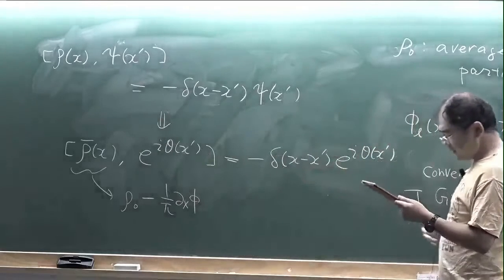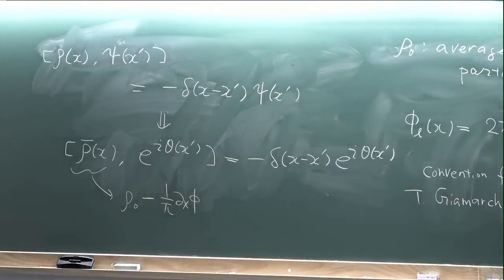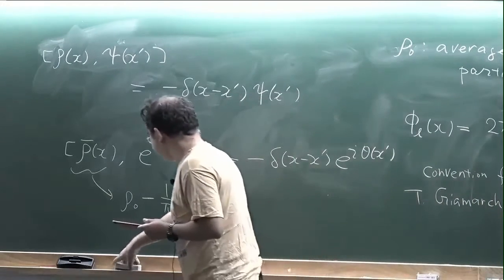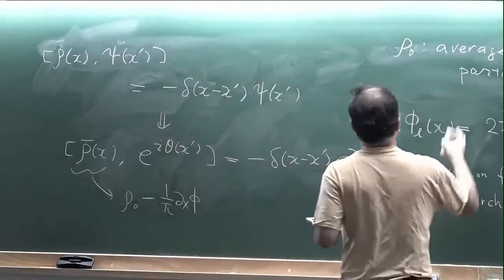So this expression means that the exponential of theta and the derivative of phi obey this kind of commutation relation.